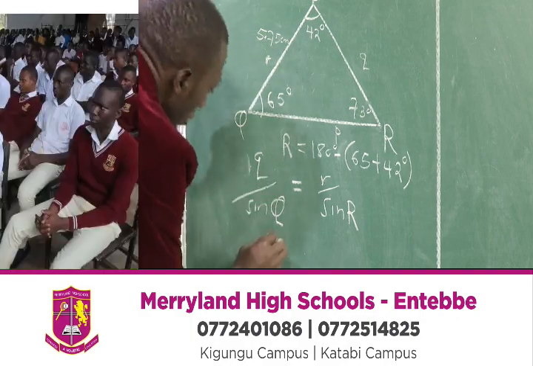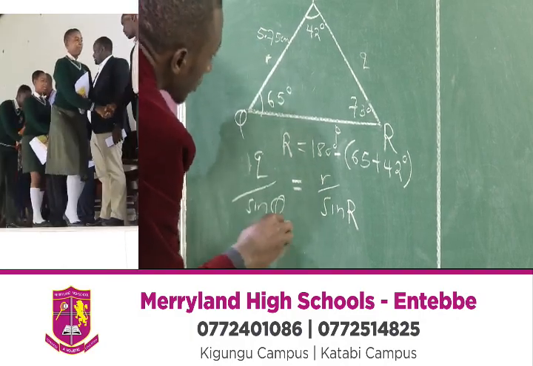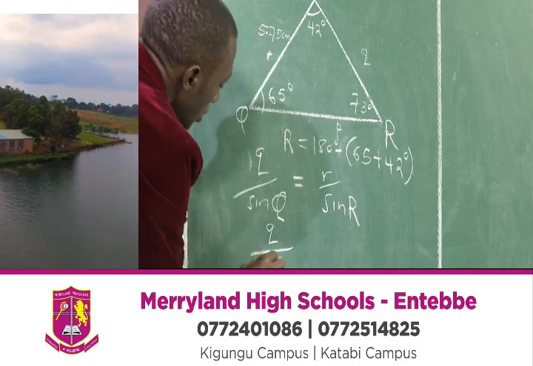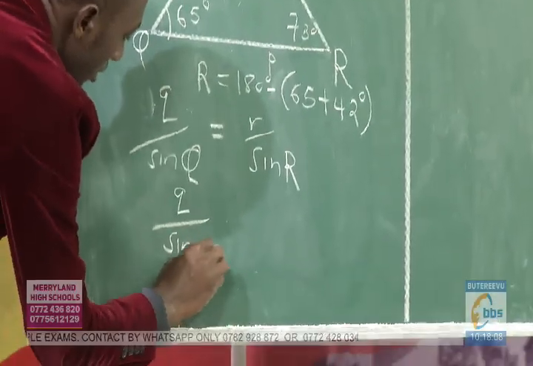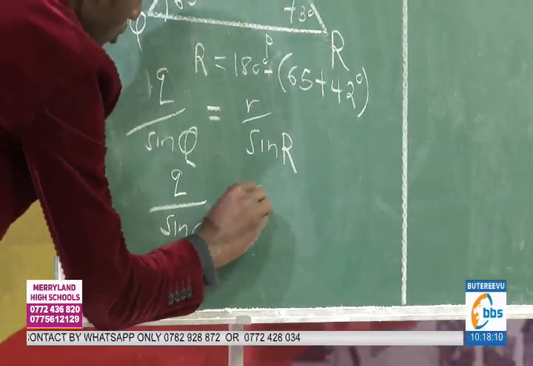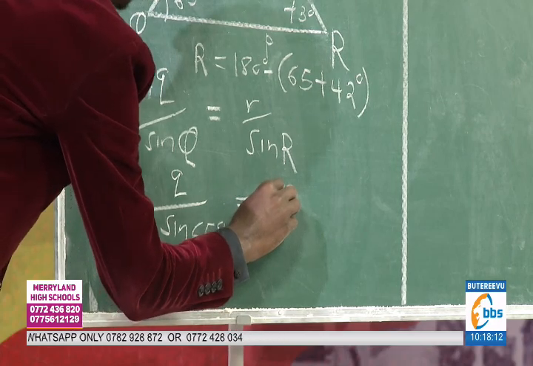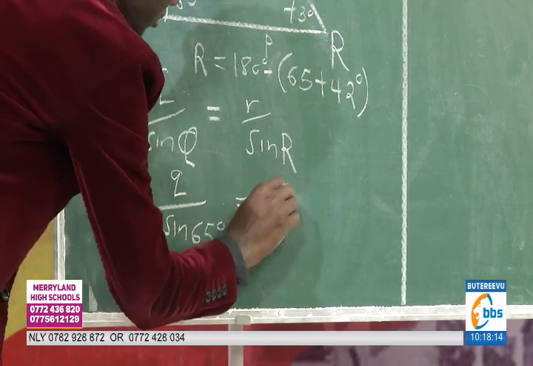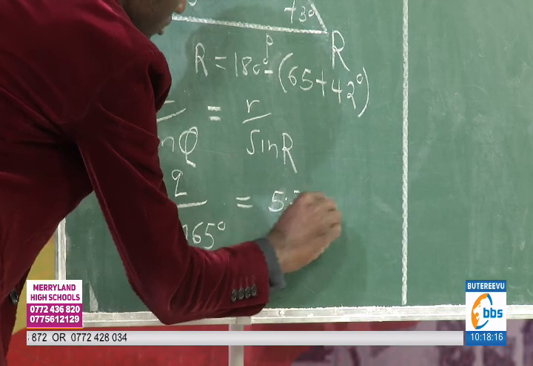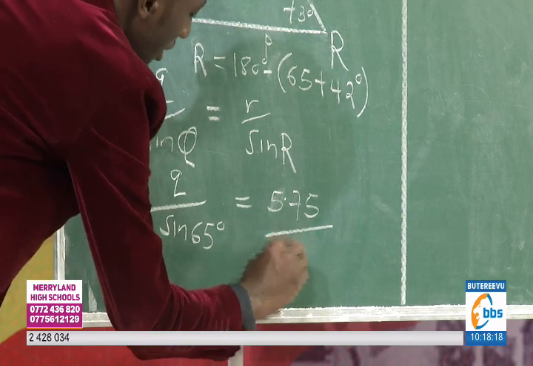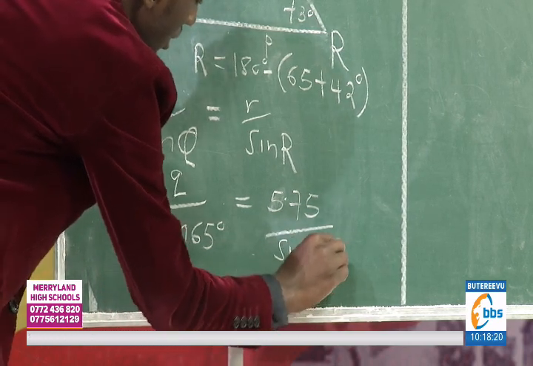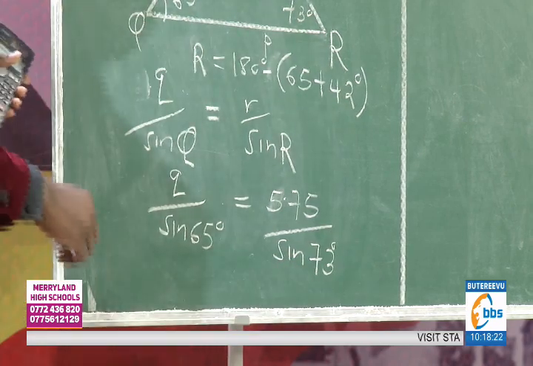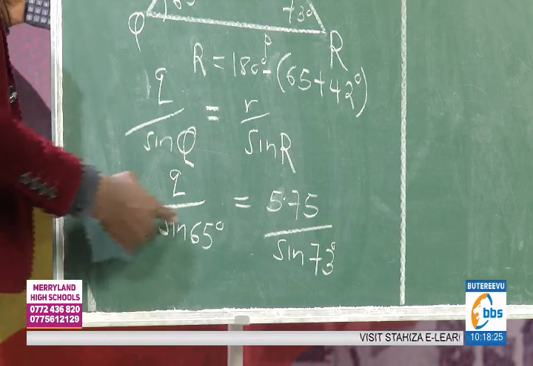I'm looking for q, so I'll have q out of sine Q, which is now sine of 65 degrees. This will be equal to r, which I have as 5.75, divided by sine of 73 degrees. So I'll multiply by sine 65 on both sides.